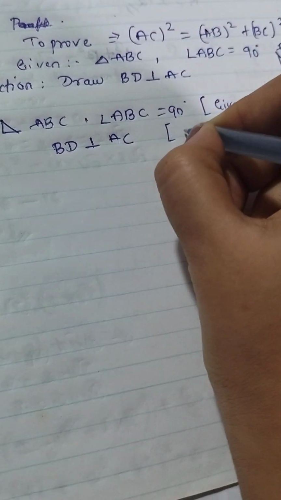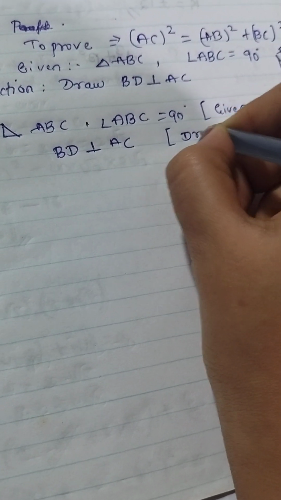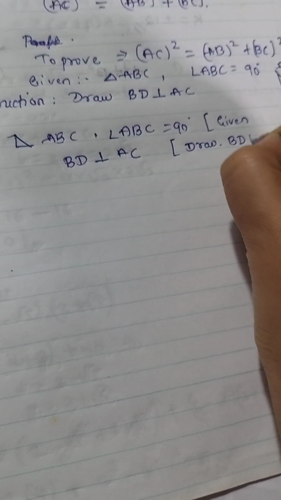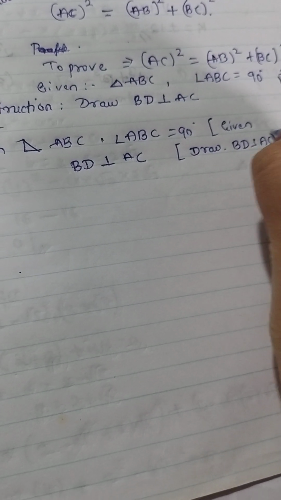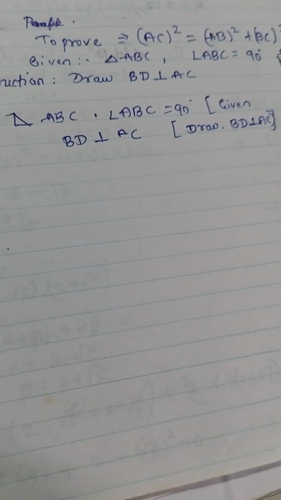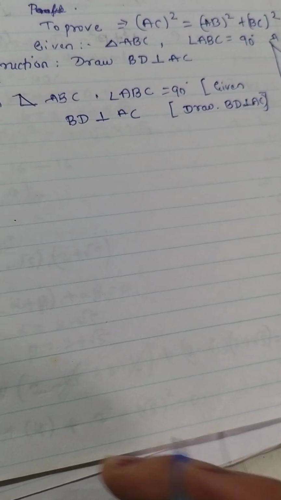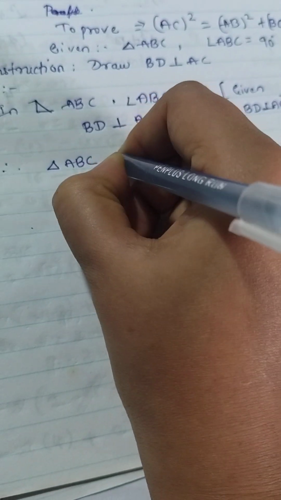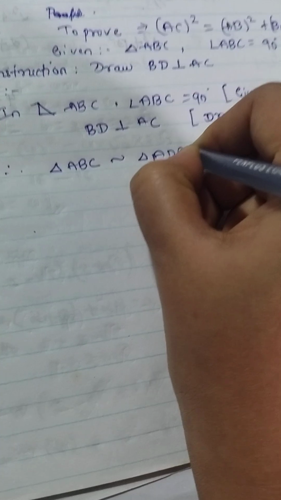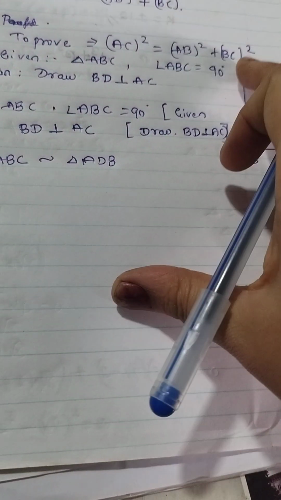This is why, because we draw BD perpendicular to AC. Correct. So next, that's why triangle ABC is similar to triangle ADB. Correct.